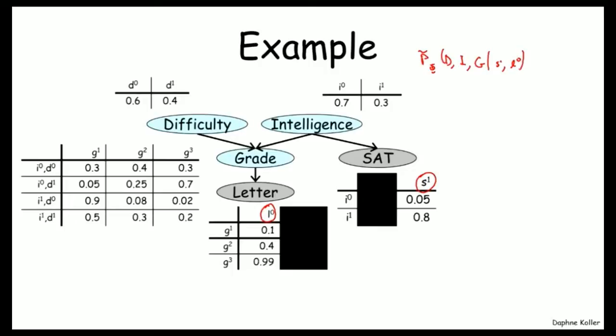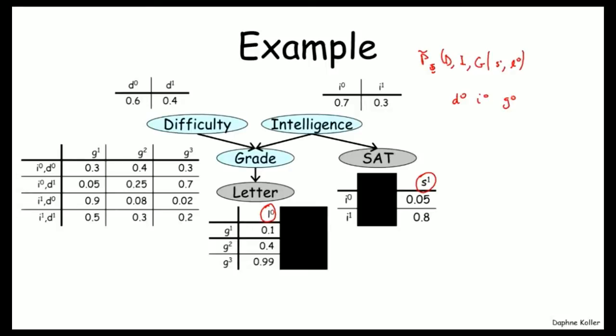And what I'm going to do in this sampling process is start out with some arbitrary assignment to these three variables, D, I and G. So for example, since it's arbitrary, d0, i0, g0. And now I'm going to go ahead and sample each of these in turn.